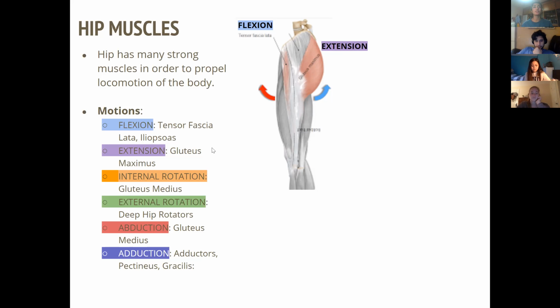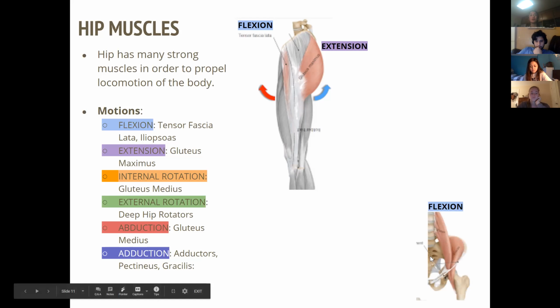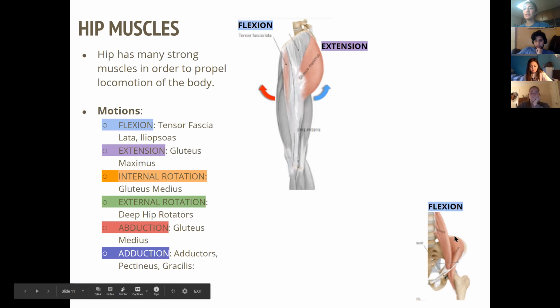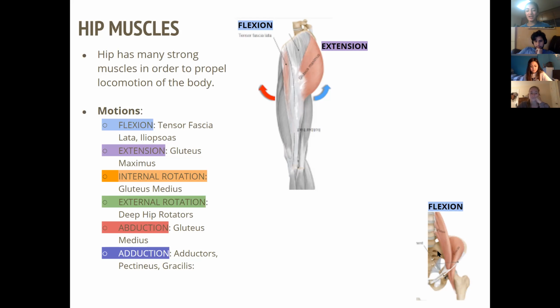Iliopsoas. Iliopsoas, exactly. So we have the iliopsoas, which is a really cool muscle because it forms from two other muscles. So we have the iliacus, which is going to be originating in this iliac crest, and then we have the psoas major, which we talked about from what region of the axial muscles? What region did we notice the psoas major in?